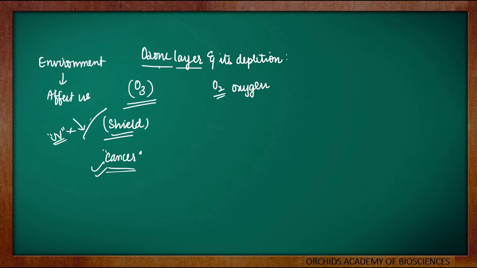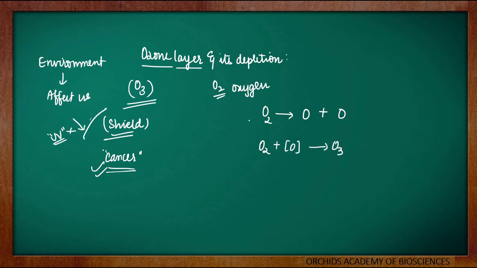Now let us discuss the ozone layer in detail. This ozone layer, as I have said, is O3. How is this O3 formed? At higher levels, UV radiations will break down molecular oxygen into free oxygen. So O2 will break into O plus O. Now this oxygen will combine with the molecular oxygen, which will also be present. So this O will combine with this to form O3.